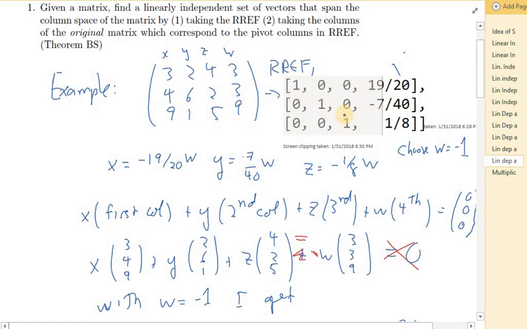Now notice carefully, I'm not working with the columns in the REF. The columns in the REF indicate which columns in the original matrix are the independent ones and which columns are the free variable ones. Okay? So you look at the REF, you identify the pivot columns, go back to your original matrix, and then the free variable columns in the original matrix will be linear combinations of the pivot columns in the original matrix.